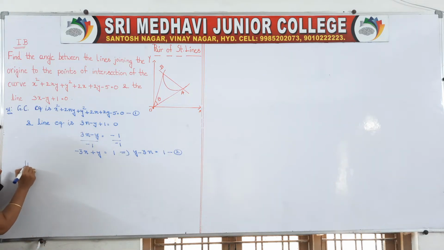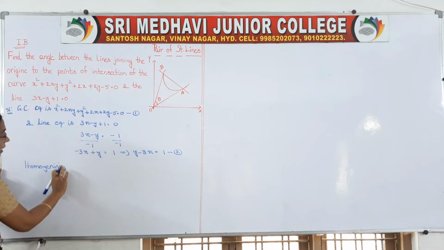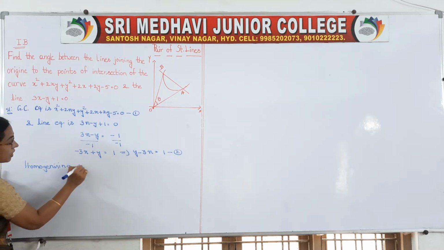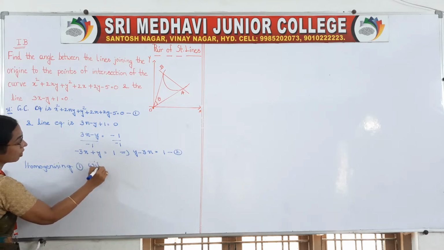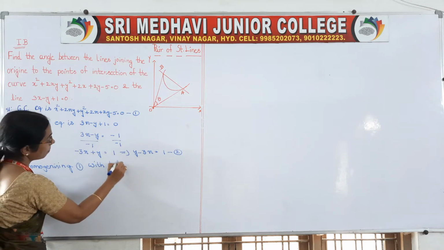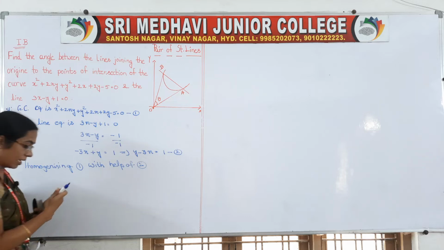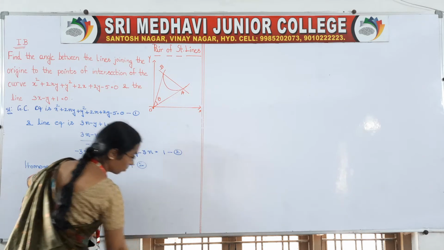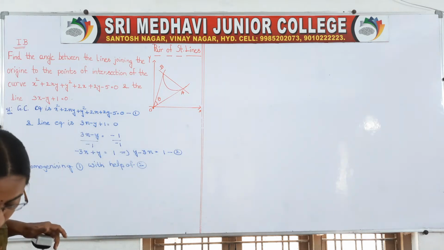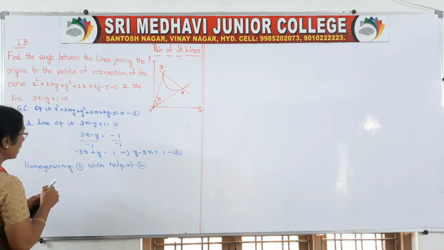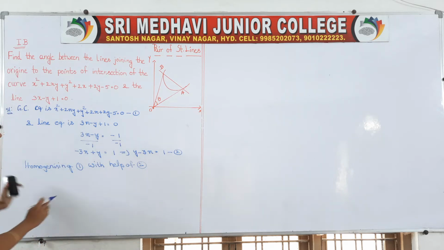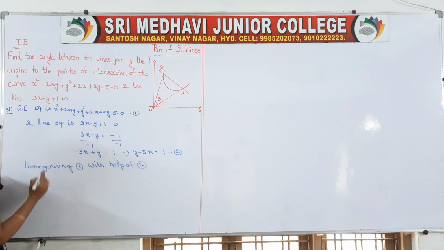Now homogenizing the first equation with the help of 2, we can do. What is the procedure? I said homogenization: first, x square term remains as it is.